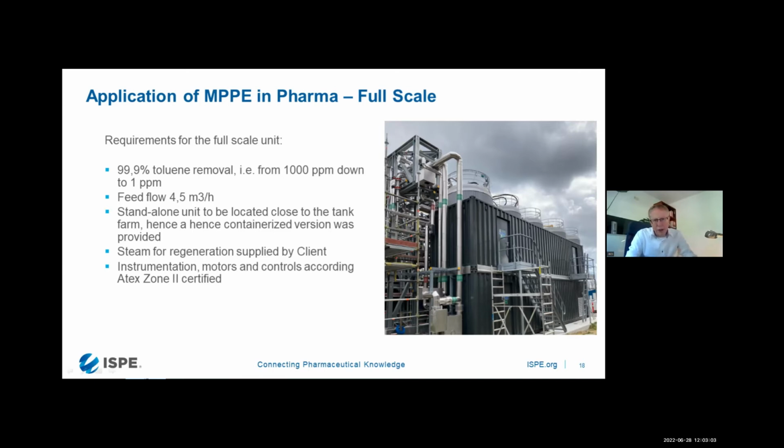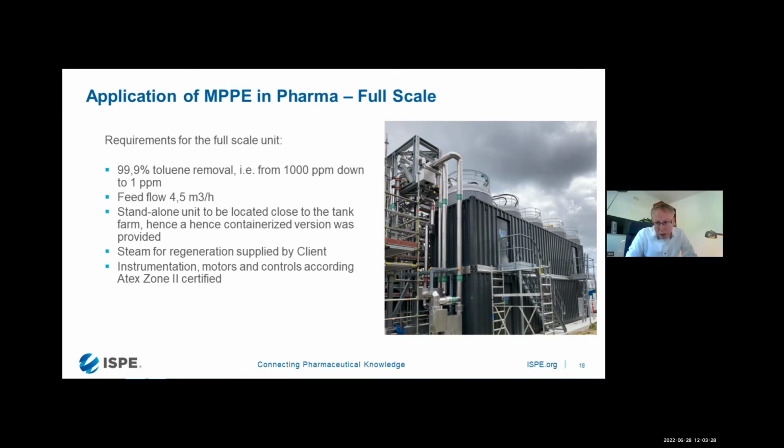In this particular case, the steam for regeneration was supplied by the client. These are the steam pipes. In some cases, the clients do not have steam at that point, or not sufficient steam, or not steam of the right pressure. In that case, we can also offer that as a part of the unit.